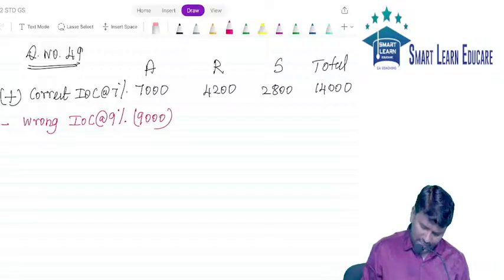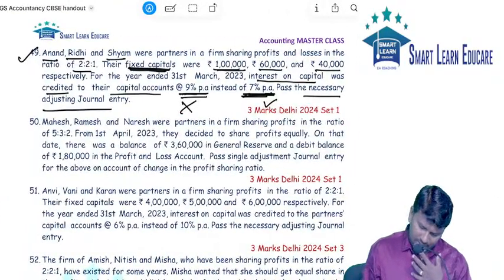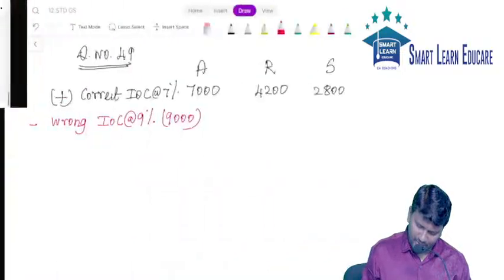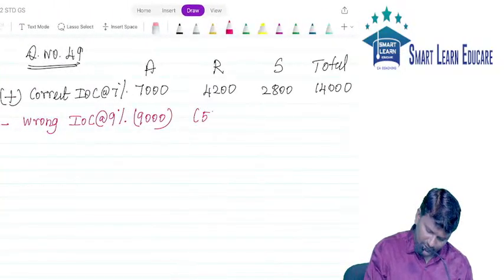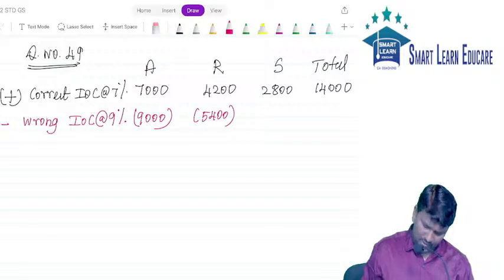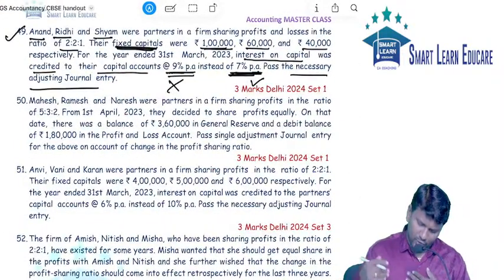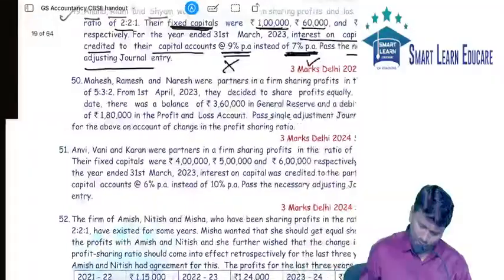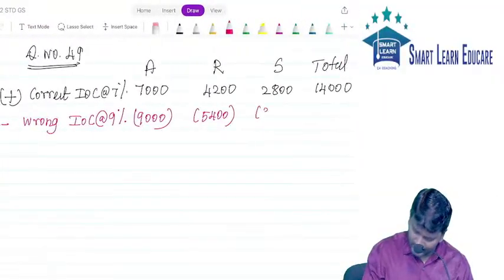Minus, for partner R, 60,000 into 9 percentage, 5,400. Next, 40,000 into 9 percentage, 3,600.